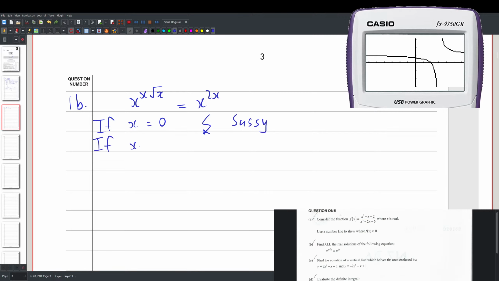If x equals 1, then it doesn't really matter, because 1 to the anything is 1. If x equals 0, the sides are undefined. If x equals 1, then 1 to the 1 equals 1 squared. So this is a solution.